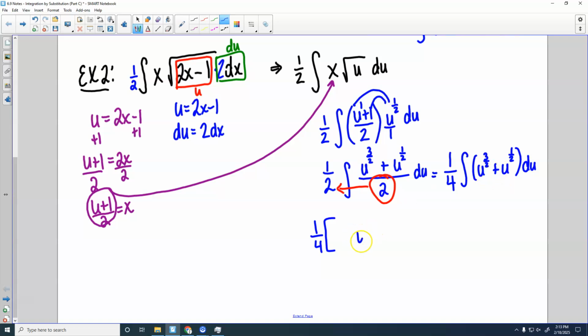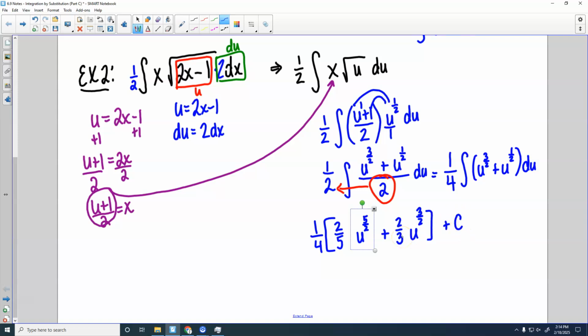So we're going to get u to the 5/2, and we increase that exponent by 1, and then we will divide out front by 5/2, which will just flip that fraction, so we'll get 2/5. And then we'll get u to the 3/2, and we'll have 2/3 there, and we'll put a plus c out here on the end.